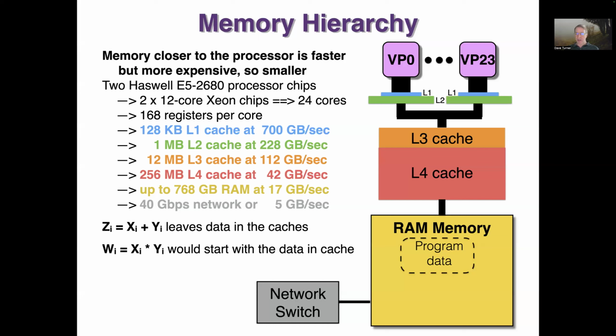So in our demonstration of the scalar system and doing something as simple as a vector addition, what I said is you start by pulling X0 up into the processor and putting it in a register, and then you pull Y0 up. In modern systems, that's not what's done. If you access X0, you access a whole line, a cache line.